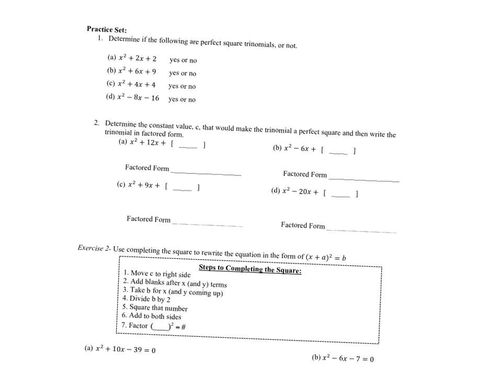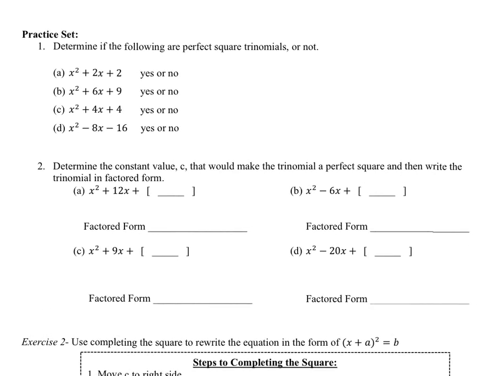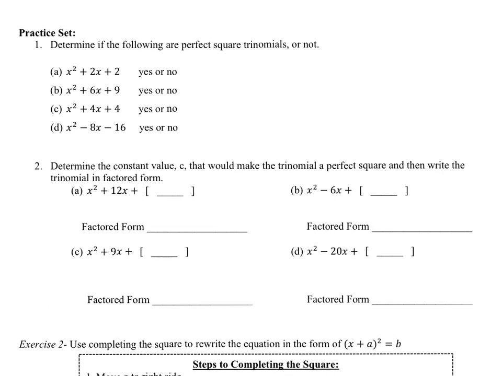Right, so are these perfect square trinomials or not? Does the half square rule work? If I half the middle term, what we're looking for here is half of the B term squared equal to C, right?